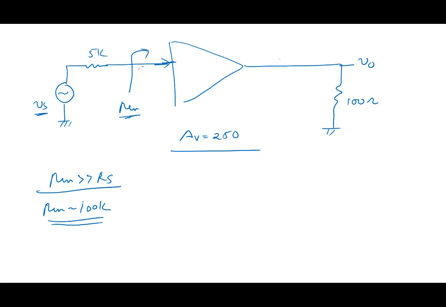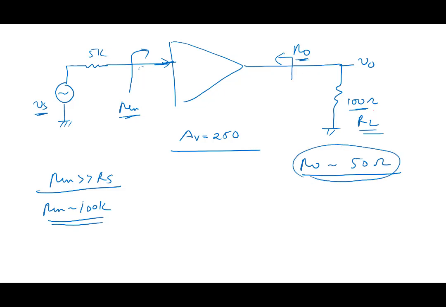Now also, this is the output resistance here. You want the output resistance to be much smaller than 100 ohms. So maybe I'll use R0 of 50 ohms or even smaller, 20 or 25 ohms, compared to the load resistance. So I require a small output resistance, smaller than the load, I require a large Rn, and on top of that, I require a large gain.